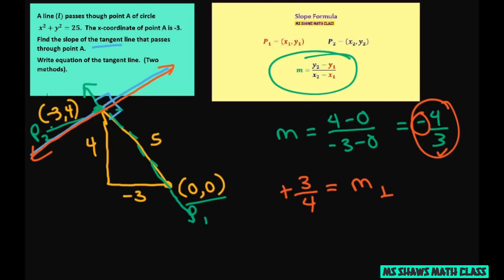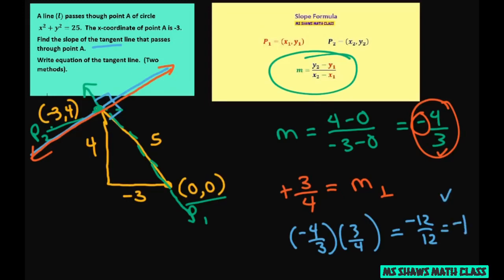If you want to check to see if it is true, when you multiply the slopes of 2 lines, and if they equal negative 1, that means they're perpendicular. So it does. So we did this right. So that's the slope of the tangent line that passes through point A. Now let's go ahead and write our equation.